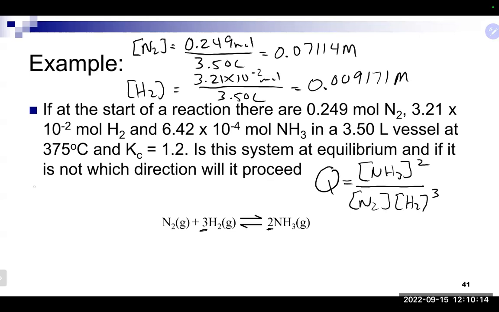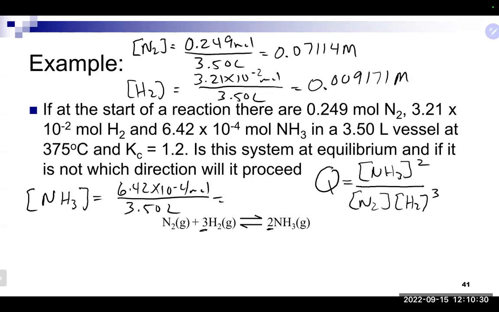And lastly, we'll do the concentration of NH3, which would be 6.42 times 10 to the minus 4 moles divided by 3.50 liters. That's going to get us 0.0001834 molar here. First off, any questions on that part of the calculation there?